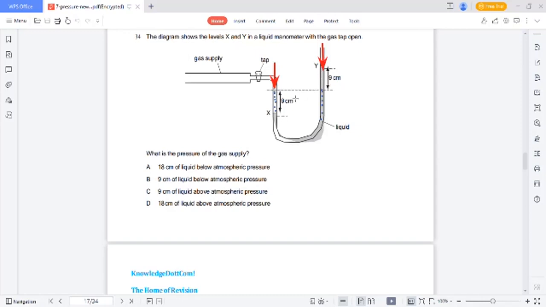So when there is an atmospheric pressure and gas is also supplied from here. Okay, gas is here. So when gas will move from here to here, then atmospheric pressure is here. Atmospheric pressure is here.